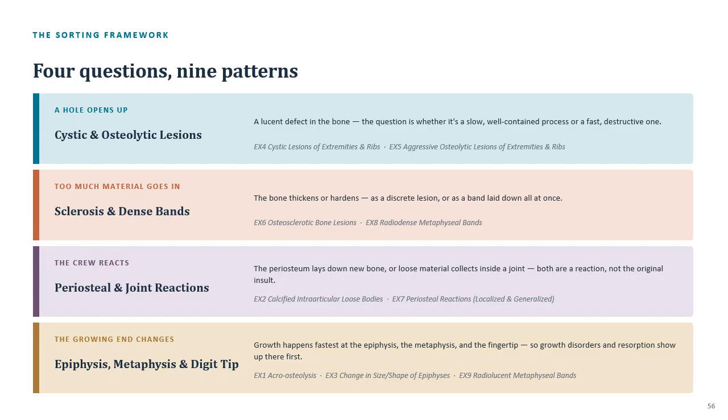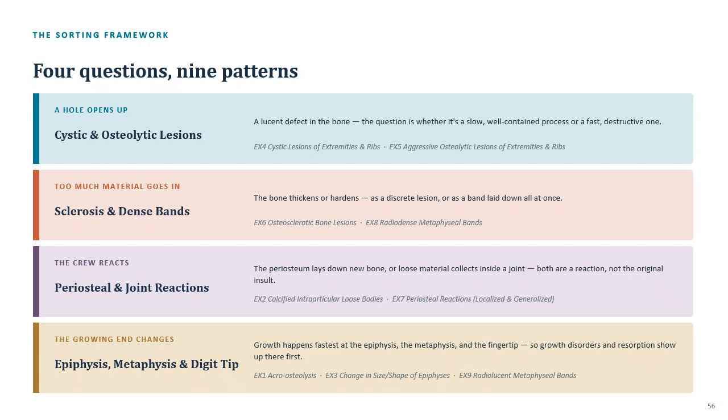All right, the second category: is there too much bone? If the bone, when we're looking at it on an image, looks unusually white or unusually dense, the radiologist or doctor may lean towards sclerotic lesions or some sort of dense metaphyseal band.